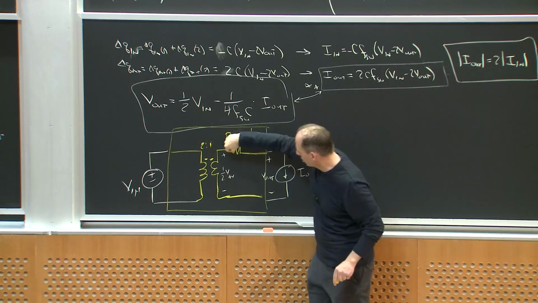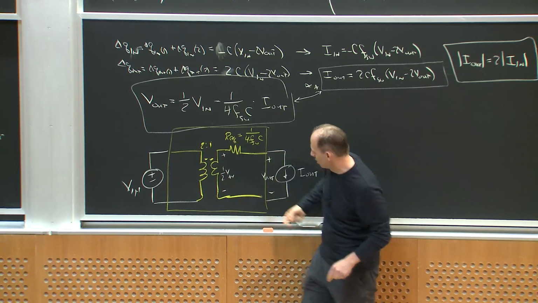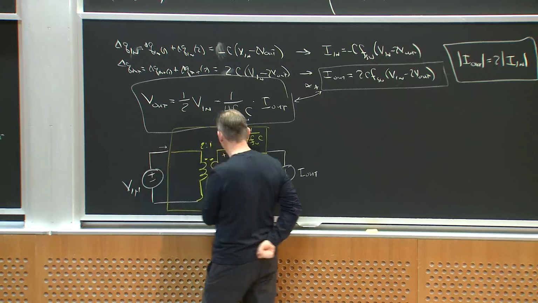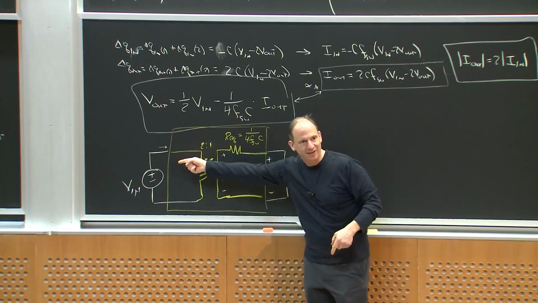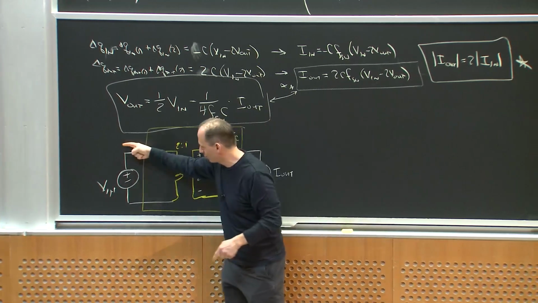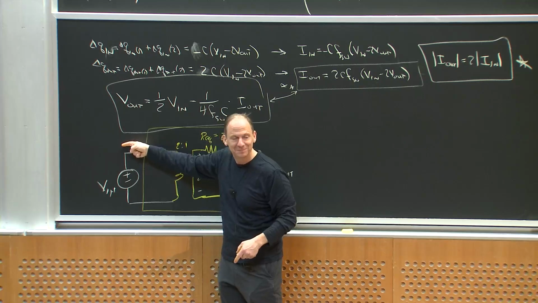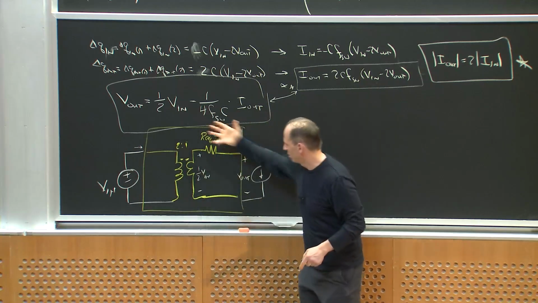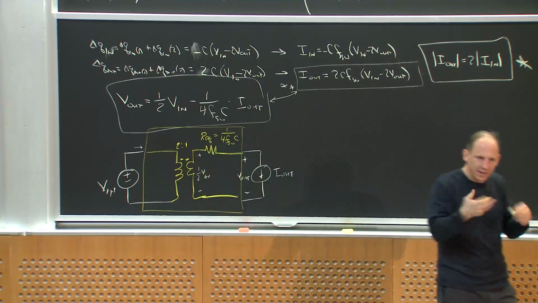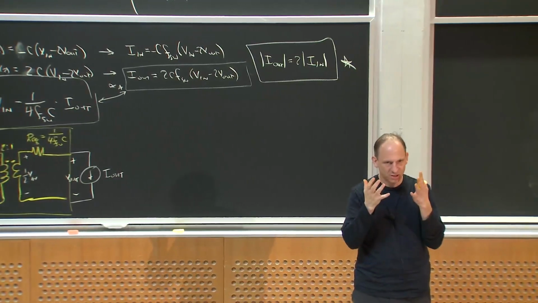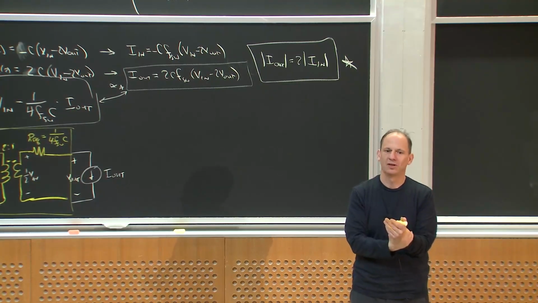Likewise, if I have a current I out coming this way, the current through the ideal transformer is exactly half of that, and that means the current this way is minus 1/2 I out. So this model in yellow precisely captures the average circuit behavior of this system. Does that make sense to everybody?